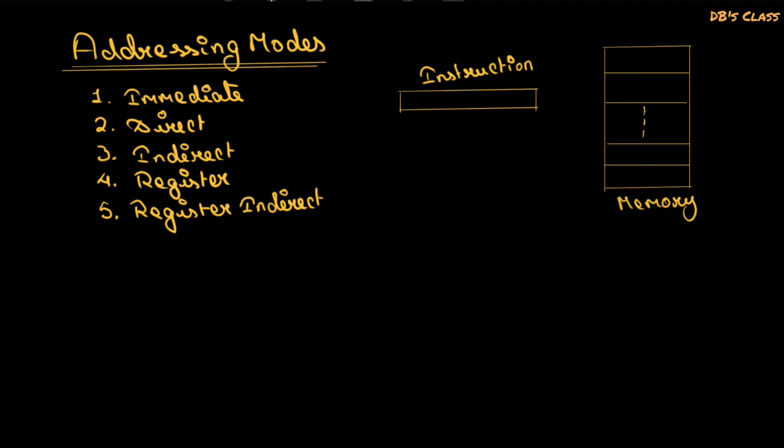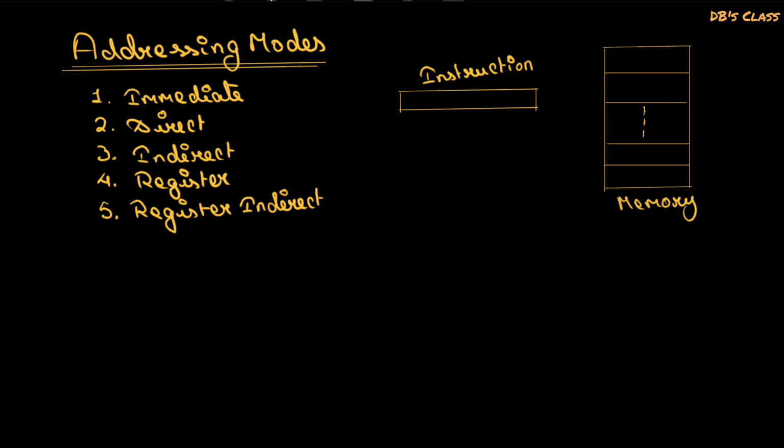Okay, let us now start discussing the addressing modes. We have 5 different types of addressing mode: immediate, direct, indirect, register and register indirect. I'll explain each one of them using this diagram. On the left side you can see the instruction, and let's say this is the memory.